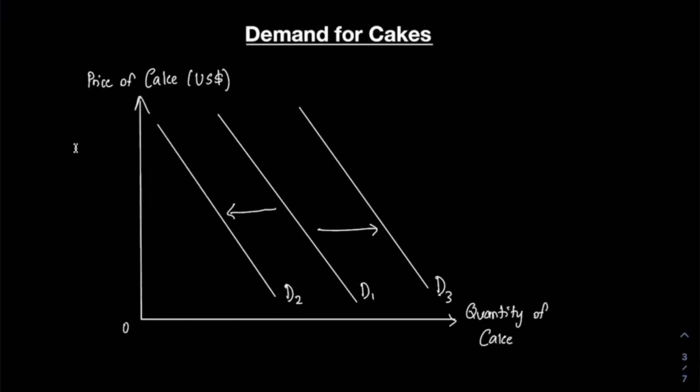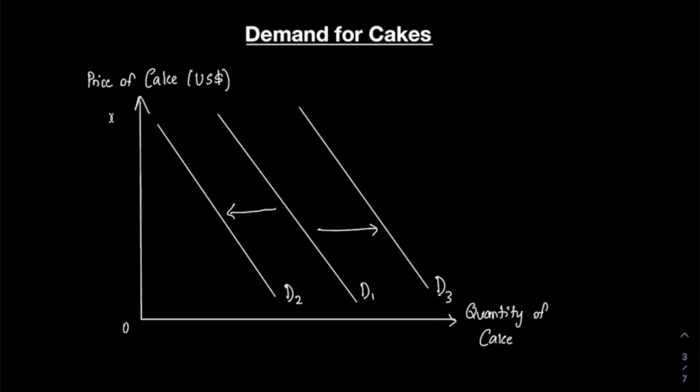And as a result, when there is a change in taste and preferences for a particular good, the overall demand changes regardless of price. So, to put it simply, changes in taste and preferences result in a change in overall demand. And this change in overall demand can be either a positive change, where overall demand increases, or a negative change, where overall demand falls. So taste and preferences is the first non-price determinant.